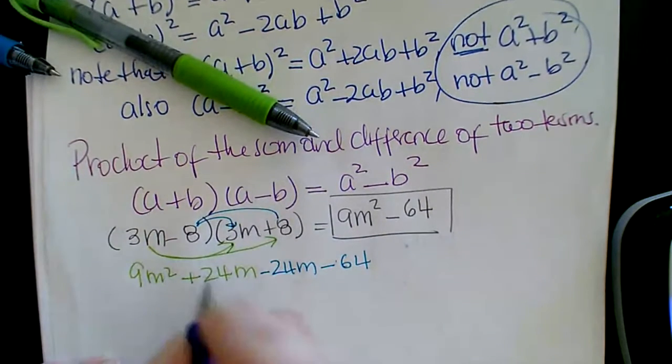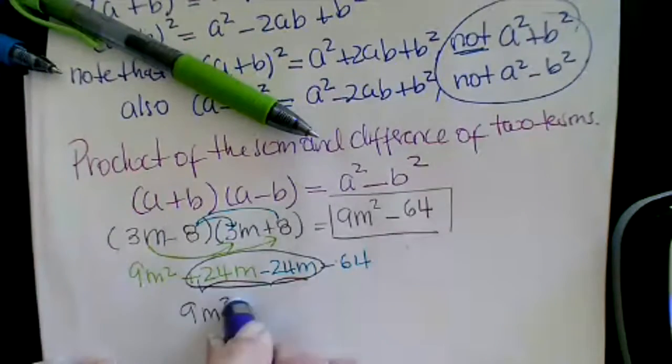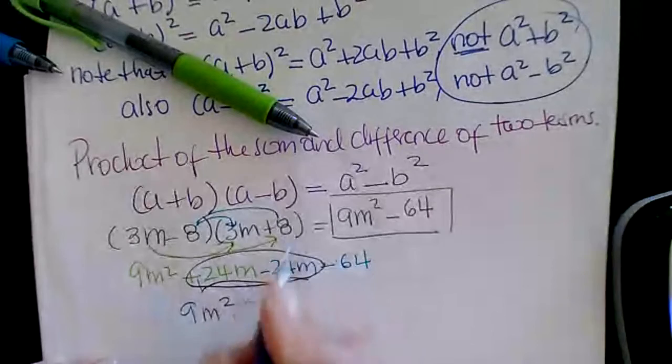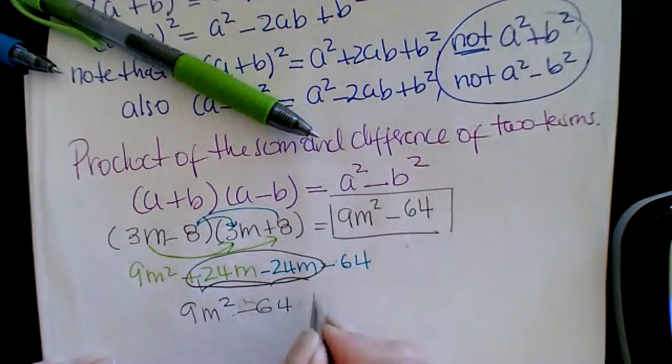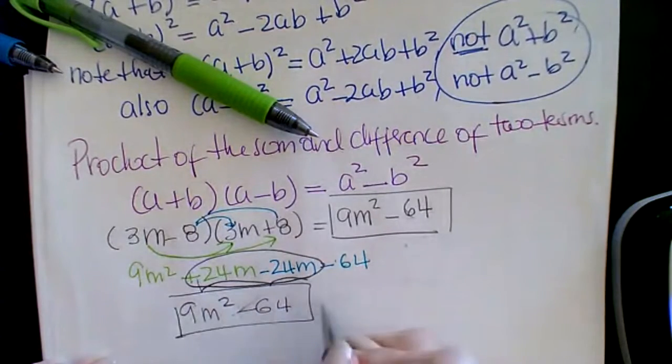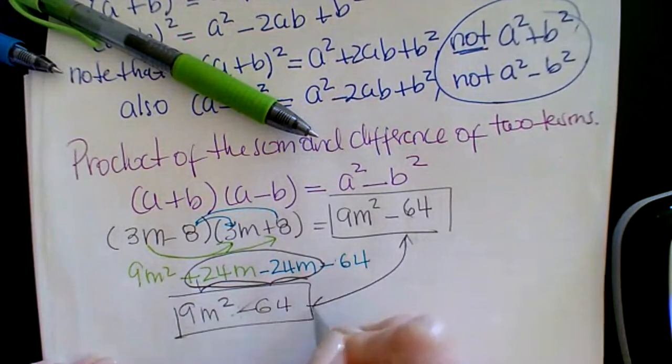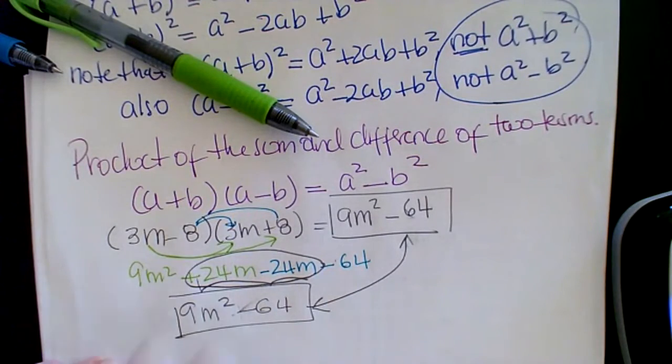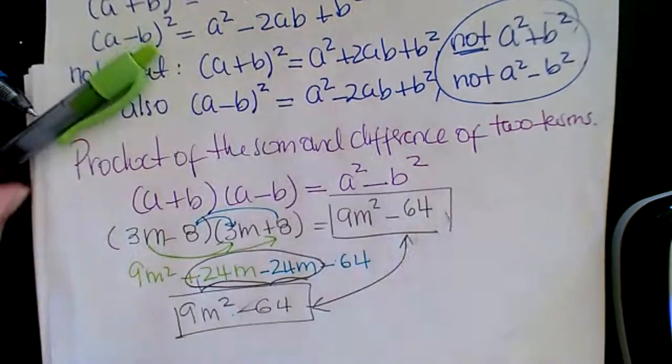So what happened here? Like terms, this becomes 0. And what do I have left? 9m squared minus 64, which is exactly what we just got here. Exactly the same, if I just remember this.